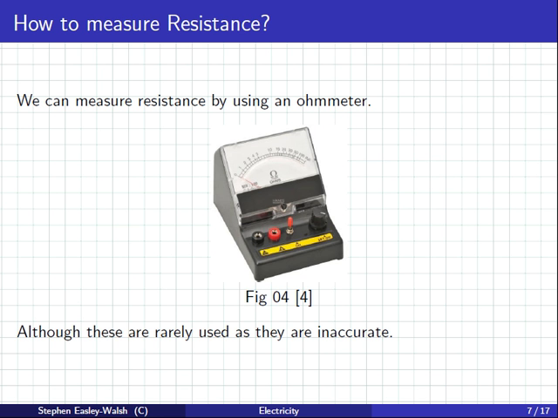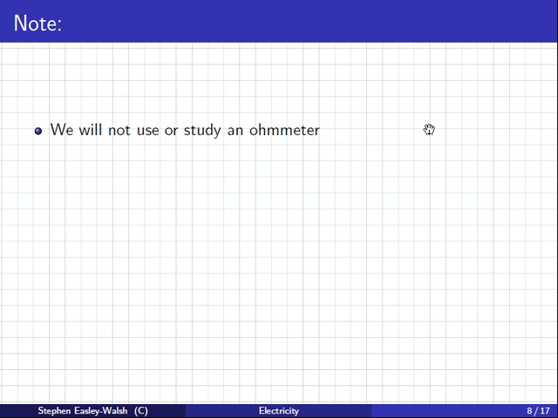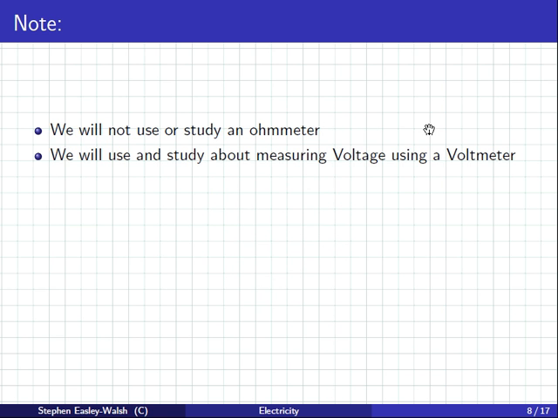Now, you can get digital ones, and I think they're okay, but I think the syllabus doesn't include this as an equipment item you need to know about for the exam. It's the other two that are more important. We will not use or study that last device.